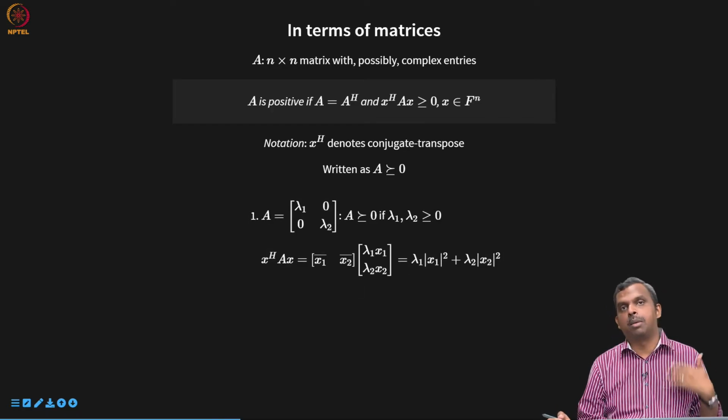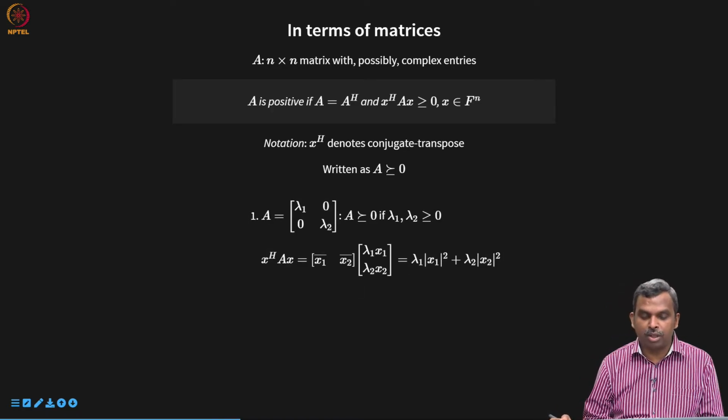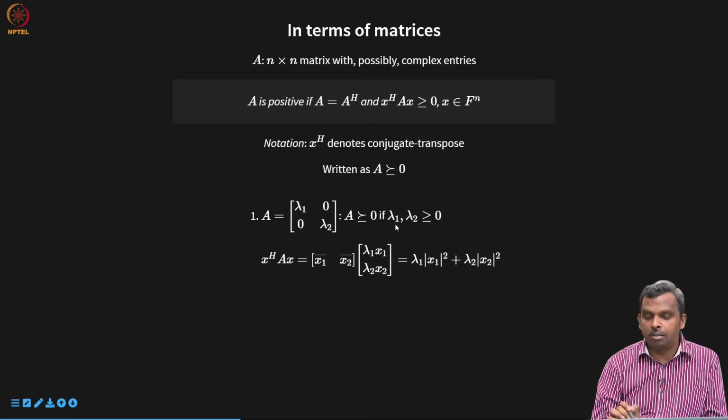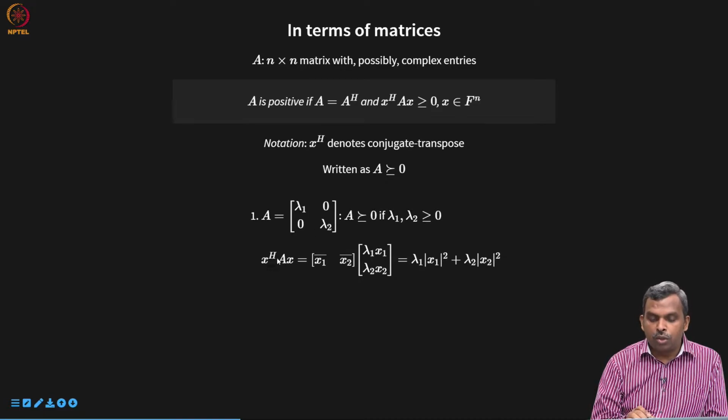Okay, so let's see a few examples. A few examples will clarify what is going on. Supposing I have a diagonal matrix with lambda 1 and lambda 2, and say lambda 1 and lambda 2 are real. They have to be real because I'm saying it's greater than or equal to 0. If you look at X Hermitian AX, AX is lambda 1 x1, lambda 2 x2, and X Hermitian is x1 conjugate, x2 conjugate.